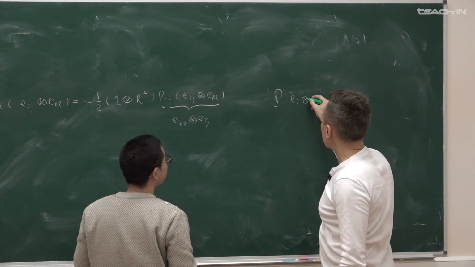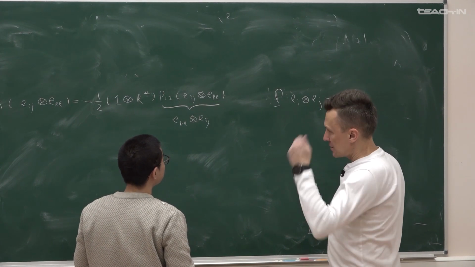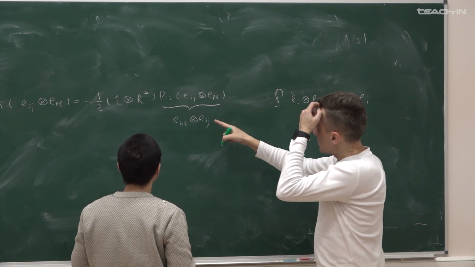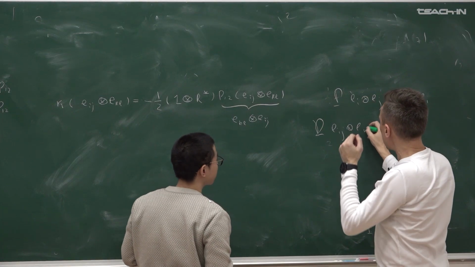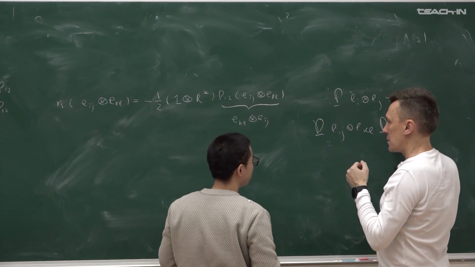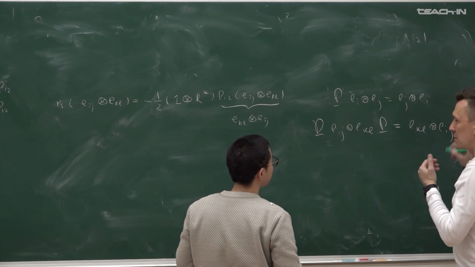P over Ei over Ej is equal to Ej Ei. And if you want this relation, you should write Eij EKL P. Then it is EKL Eij.